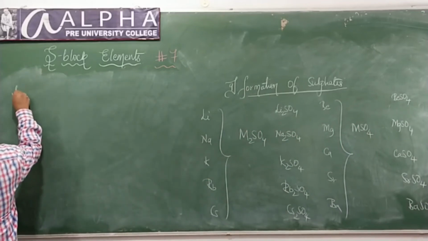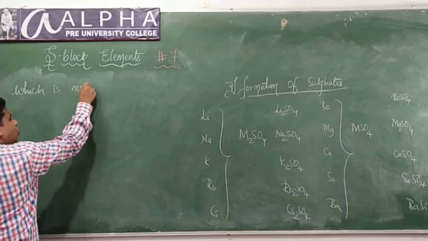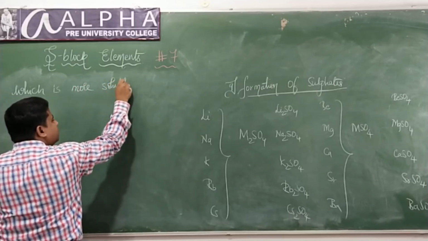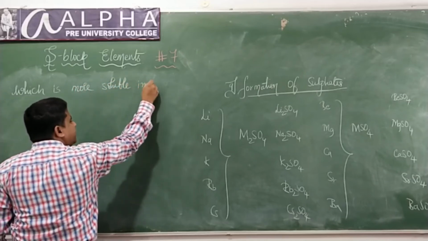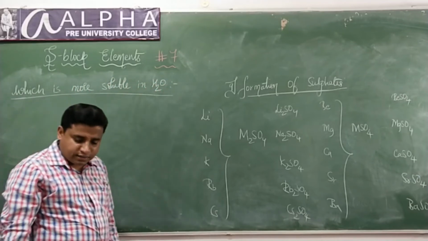Which is more soluble in water? We know ionic compounds are more soluble in water than covalent compounds.